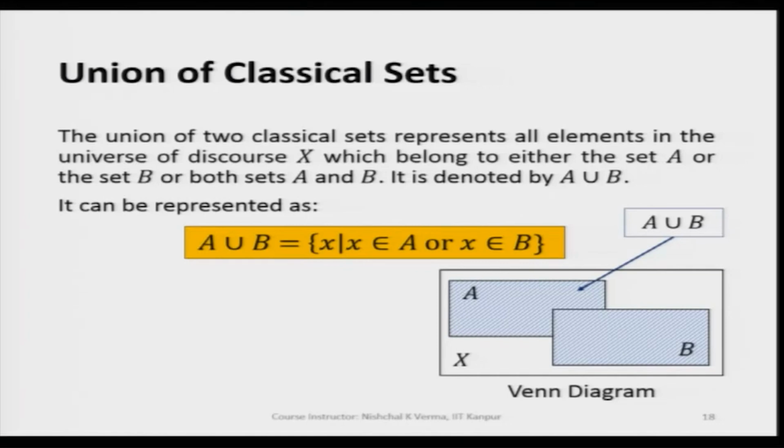Now, let us talk about the union of classical sets. We all know the union of classical sets, and we can clearly see here if we have two classical sets. Let this be a classical set A, and here B is also a classical set, and we are interested in taking the union of these two classical sets in the universe of discourse.